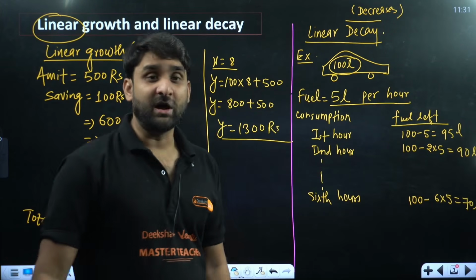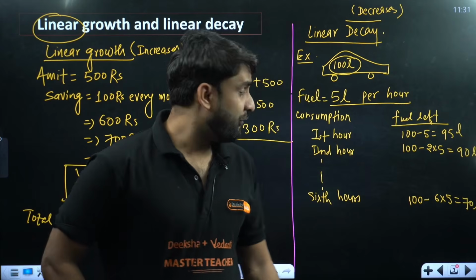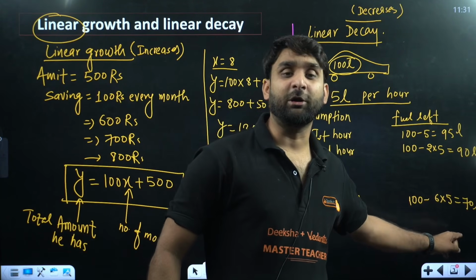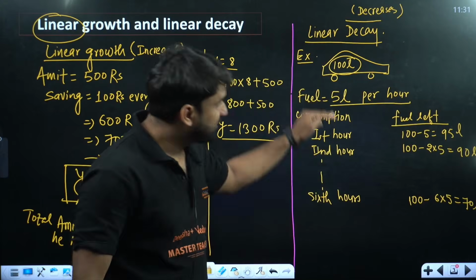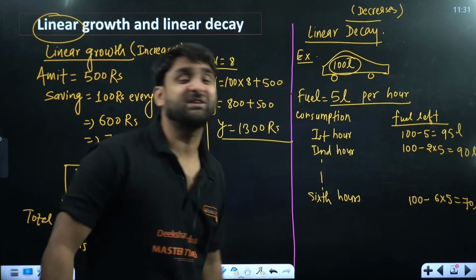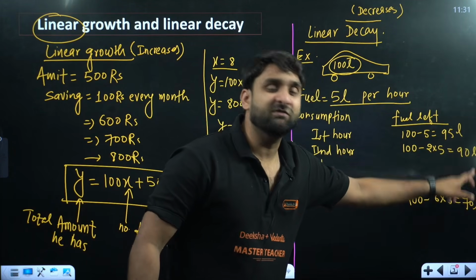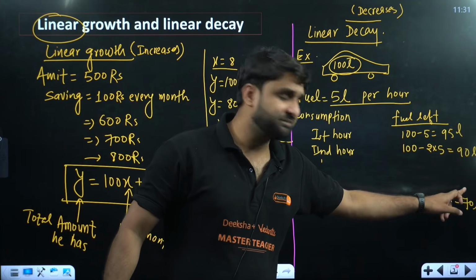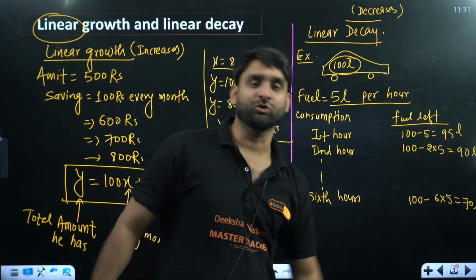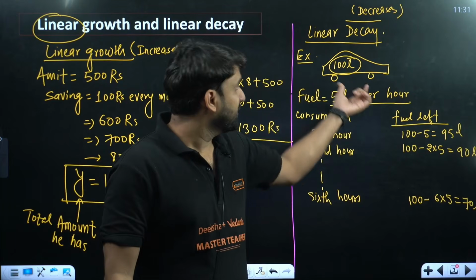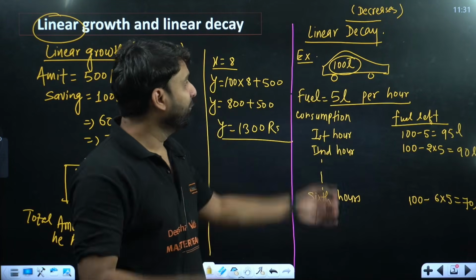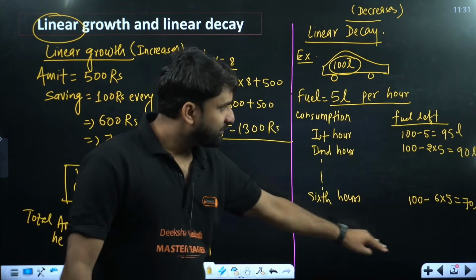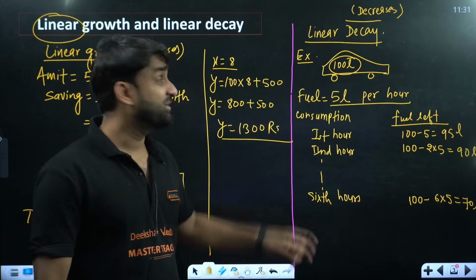So after driving the car continuously for 6 hours, 70 liter of petrol will be left in the car, and this is called decay, because something is decreasing steadily. 95, 90, 85, 80, 75, 70, then 65, 60, and so on. At the end, the fuel tank of the car will be empty, because it is decreasing steadily. So this is called linear decay.